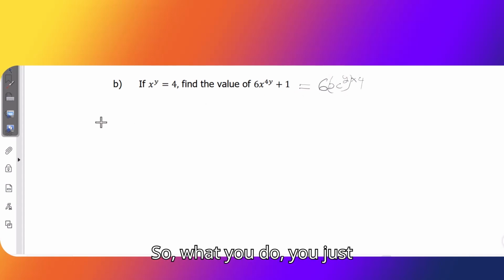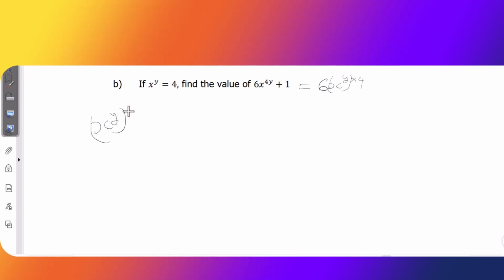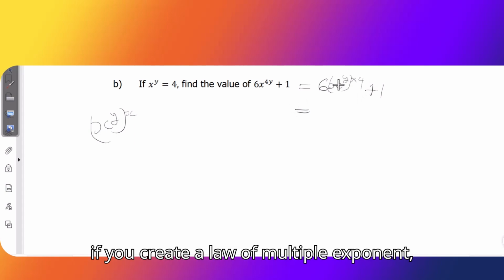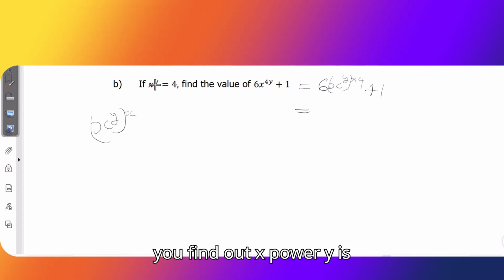So you create something like this, using the law of multiple exponents, then plus 1 here. If you apply the law of multiple exponents, you find x power y is 4.